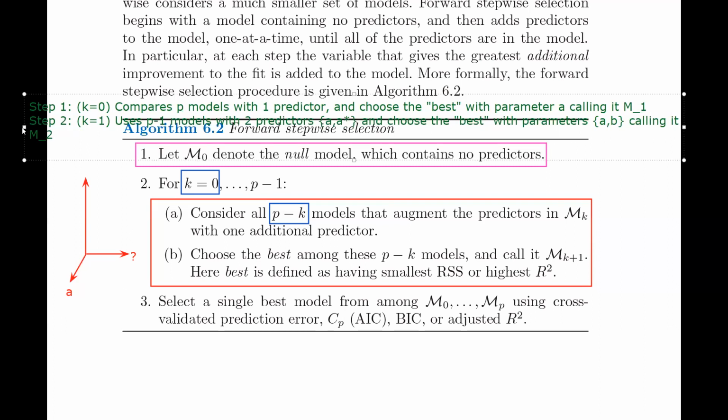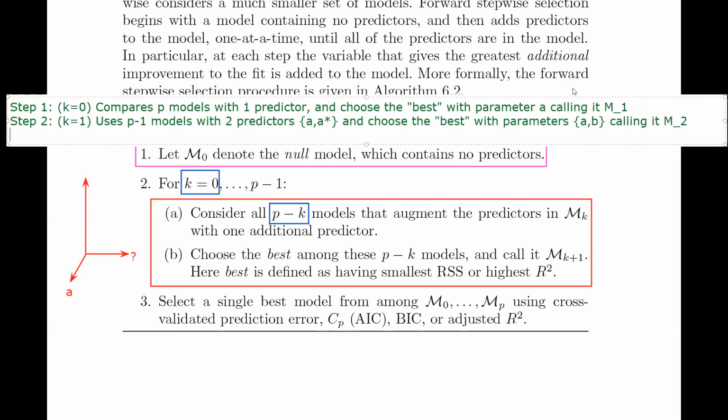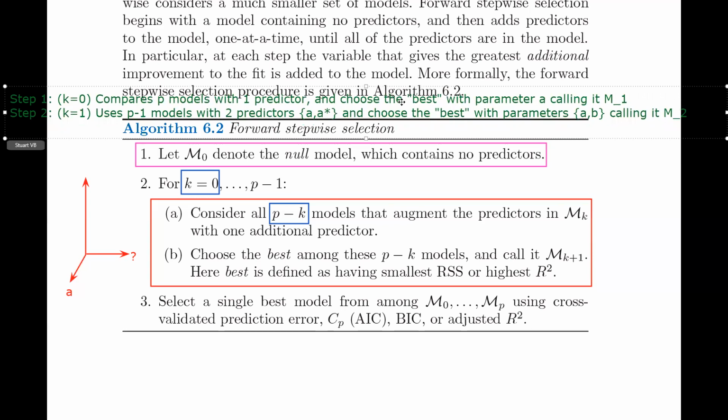Now the question is, when do you stop? Because I think there must be a point where you kind of say adding more parameters doesn't really help. No, apparently, no. So you do this, you perform it p minus 1 times.